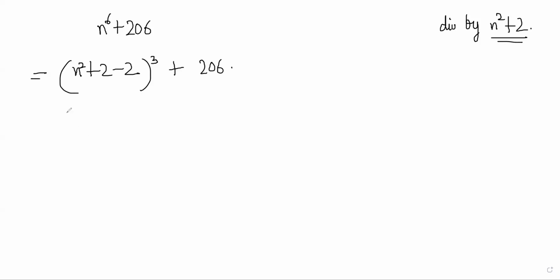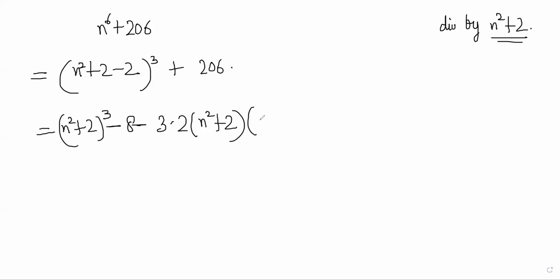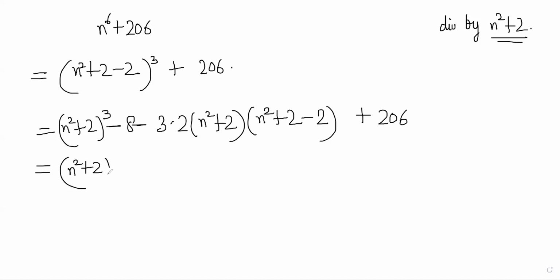This is the same expression, but now I'll write it like this: (n²+2)³ − 8 − 3·2(n²+2)(n²+2−2) + 206. So notice that now it becomes (n²+2)³ − 6(n²+2) + 198, right?